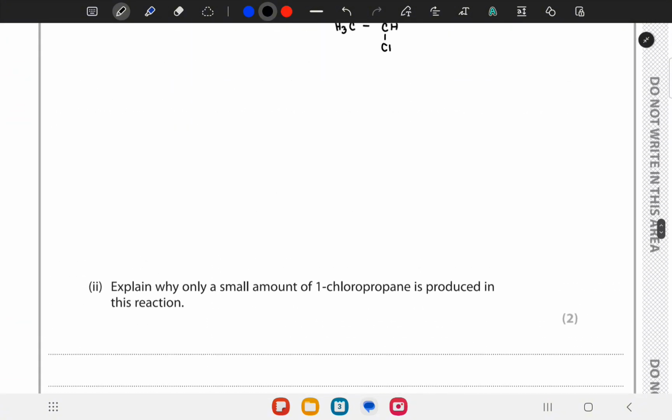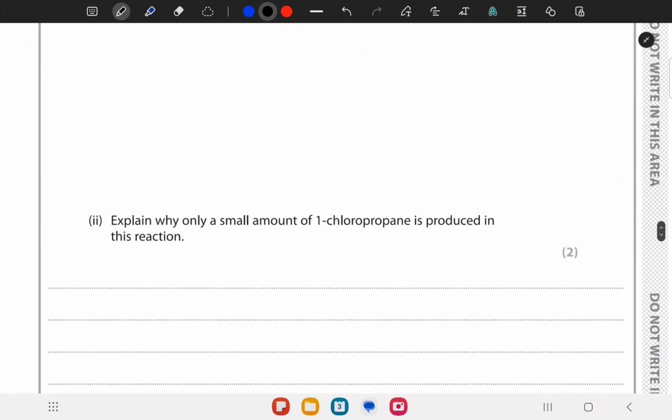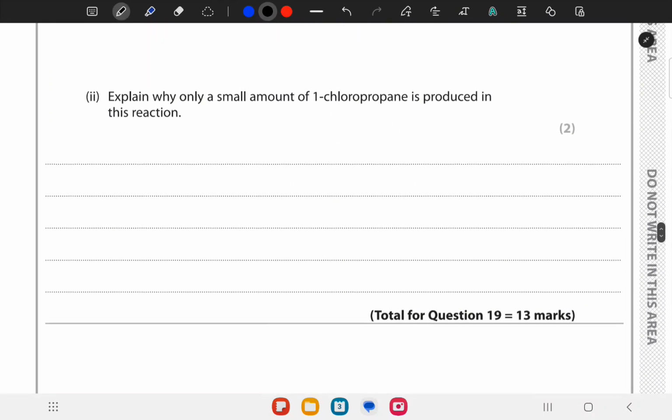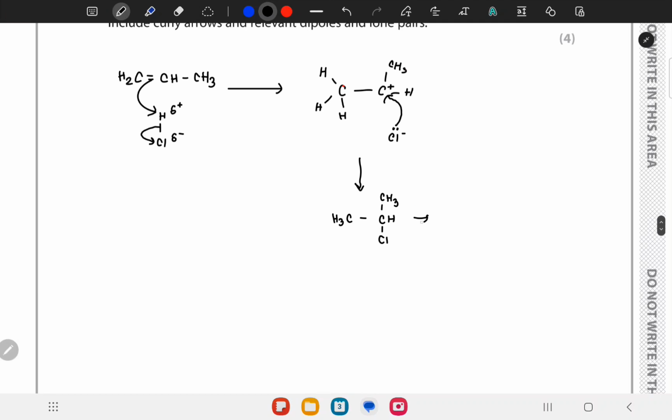Okay. Now moving on to question 19C2. We have to explain why only a small amount of 1-chloropropane is produced in this reaction. So what we got over here is 2-chloropropane.